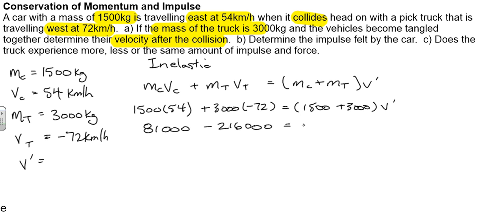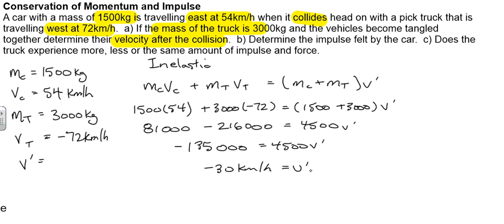And these two numbers here, you should be able to do with a calculator: 4,500 V prime. Add these two numbers together, I get negative 135,000 equals 4,500 V prime. Divide by the 4,500, and I get negative 30 kilometers per hour equals V prime.